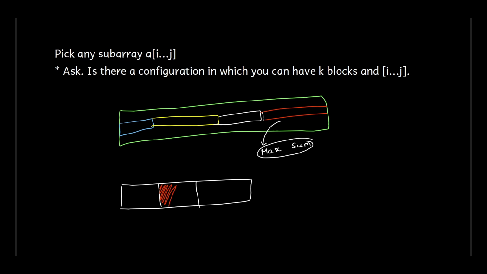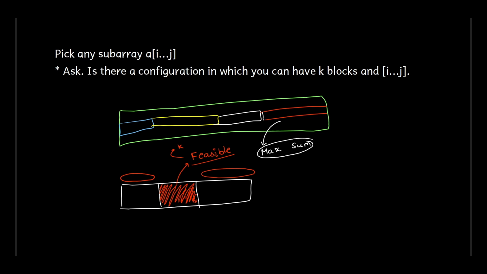We will say that a subarray is feasible if it is possible to partition the remaining into k minus 1 blocks, as we discussed earlier. So if this subarray is feasible, there is no way to guarantee that this is the maximum amongst all of them, right?